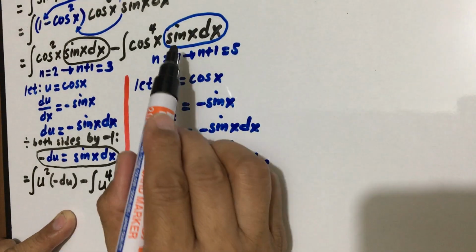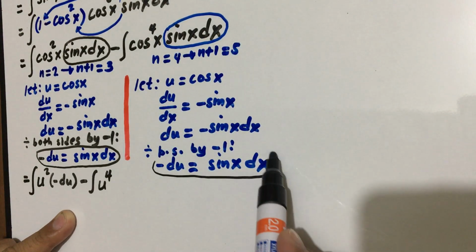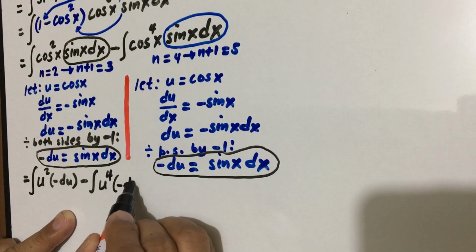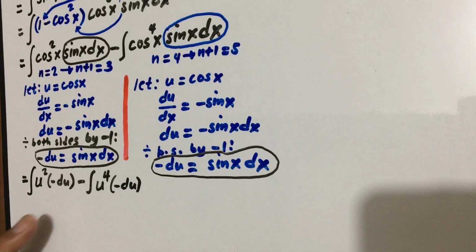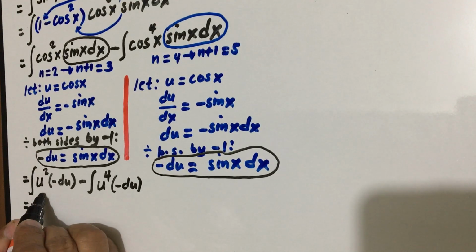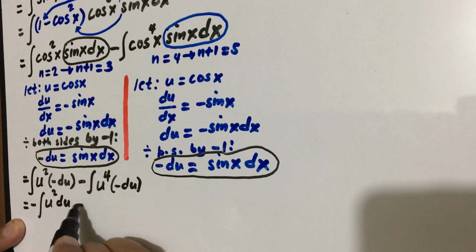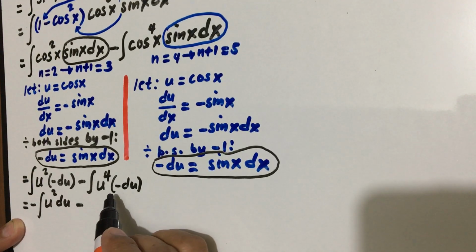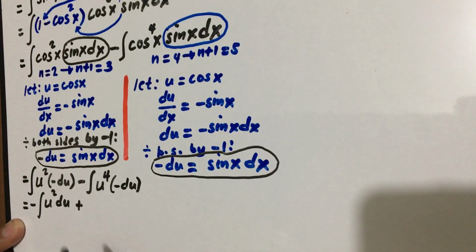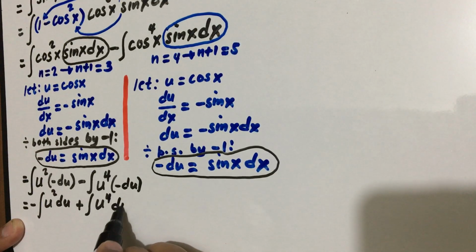Then again, sine x dx is equal to minus du. So substituting, times minus du, or we can write this as minus the integral of u squared du, then minus and minus will be plus, so plus the integral of u to the 4th power du.